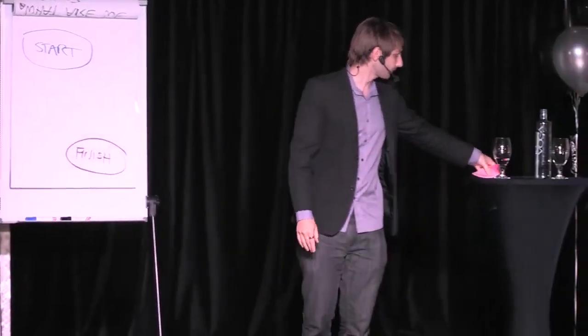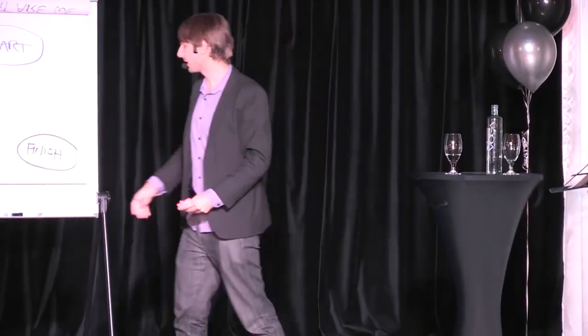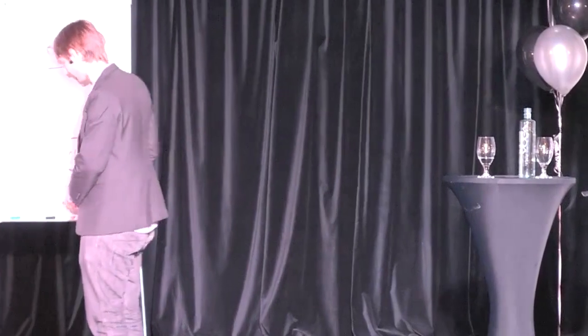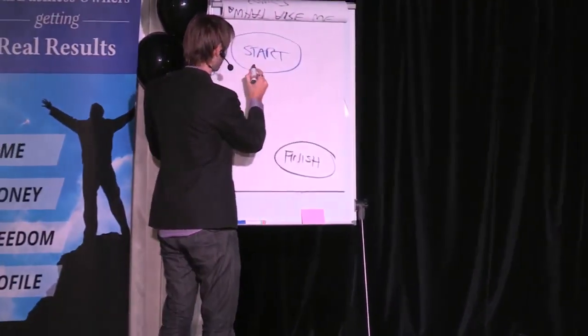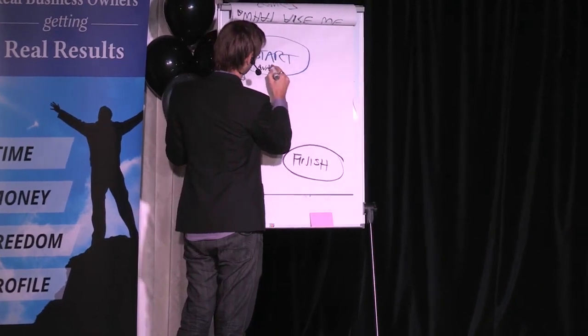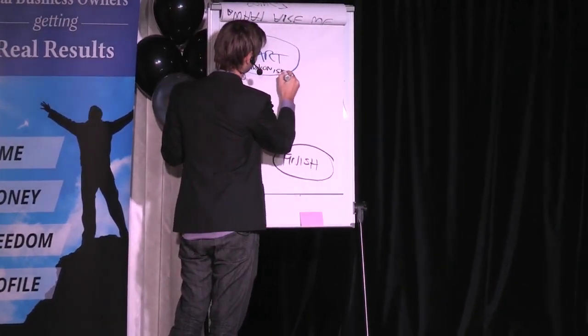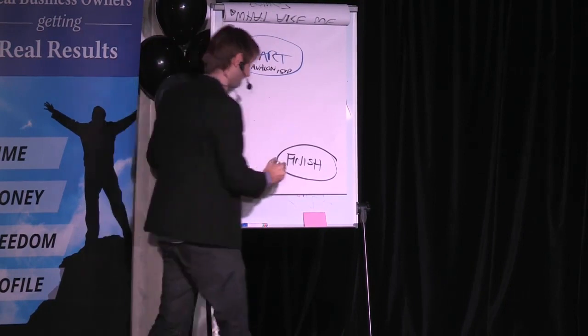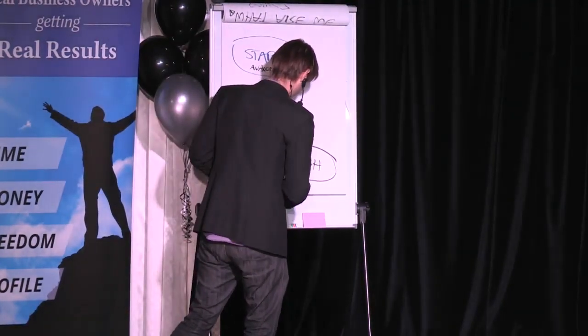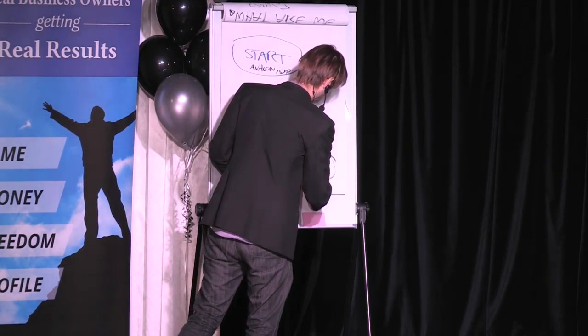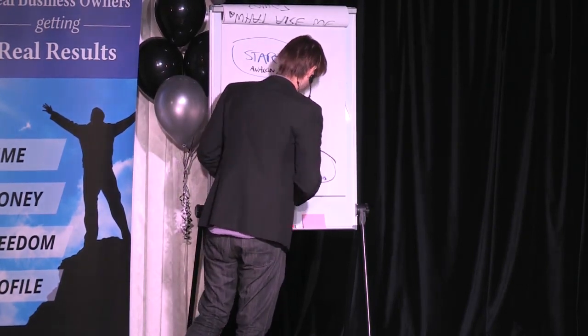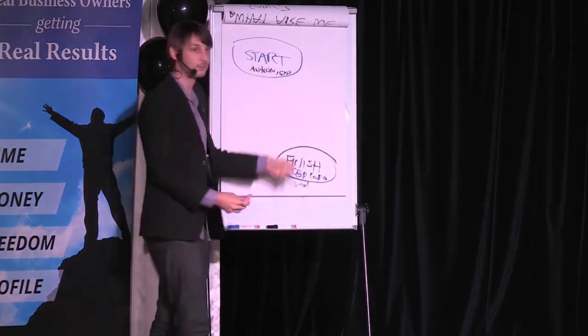Along the way of a process, let's pretend, for example, for me, my starting point was Avalon, Sydney, coming to Wollongong. My finishing point was CBD, Centro, Wollongong. What happened in between?